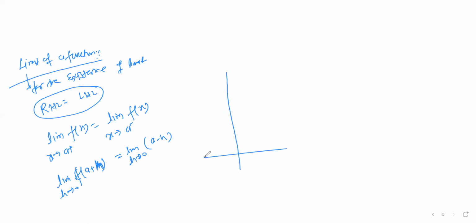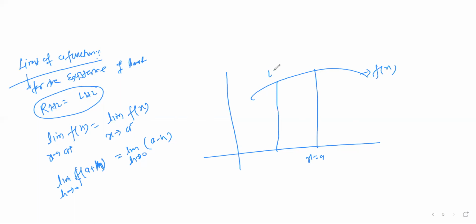So if you indicate it on the graph, let's say this is the graph of the function, and x is equal to a is here. This side is called the LHL, and this side is the RHL. This will be x tends to a minus, and this will be x tends to a plus.